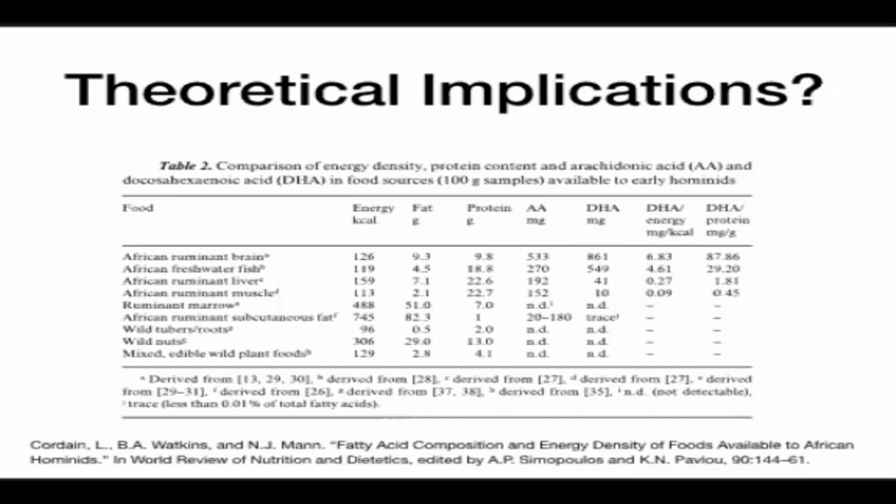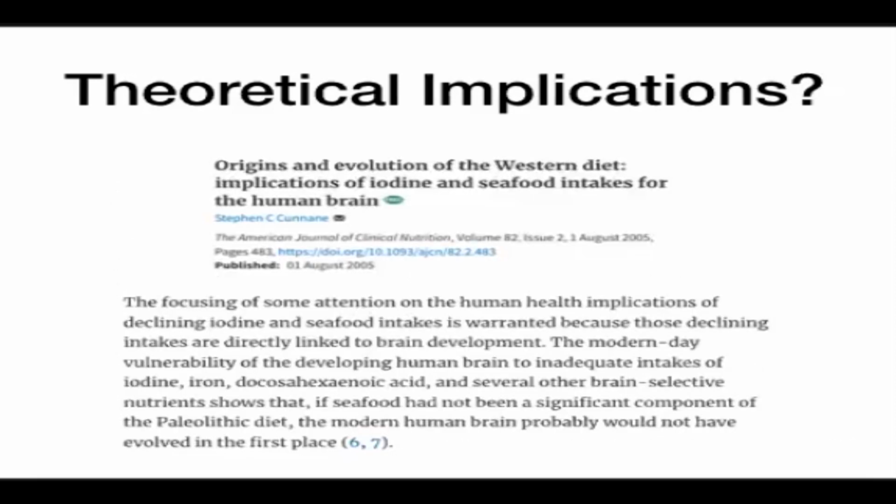He made it in another paper later, or they made it in another paper later, and I used this one because it has that nice table. In the later paper, Stephen Cunnane writes to the editor and says, I don't think that this is enough because our brains are the evidence.